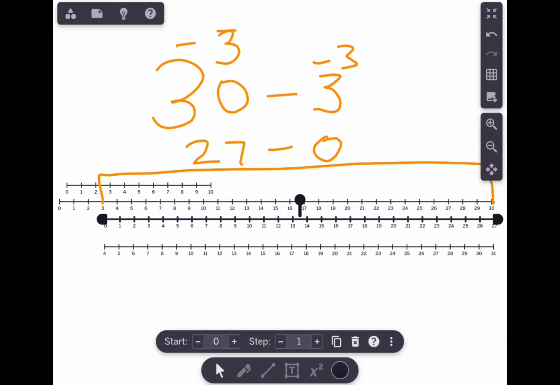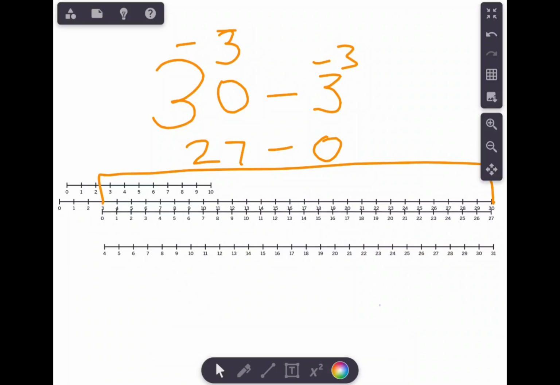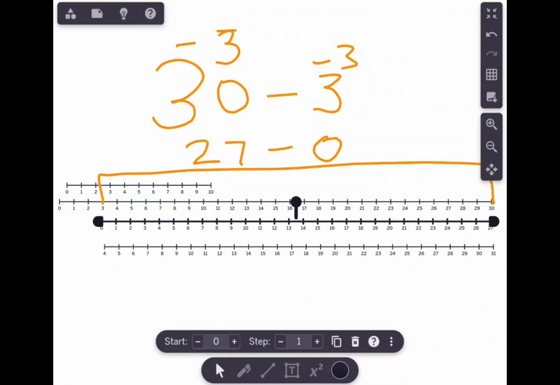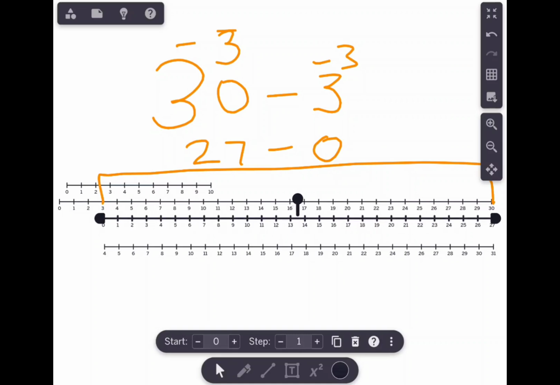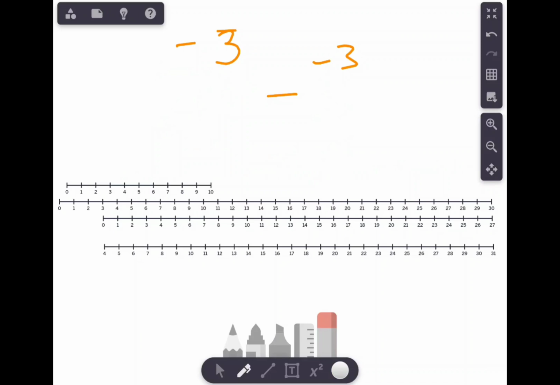If I remove 3 from 30, it would be 27, and 3 from 3, 0. So if I start from 0, I should end at 27. So this is one of the ways to show kids that subtraction is not always about removal. It is also about the distance between two numbers, and I feel number lines are the best way to visualize this concept.